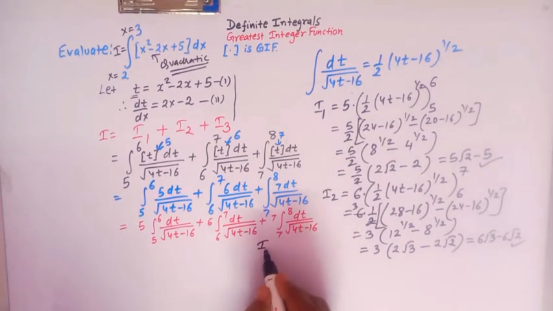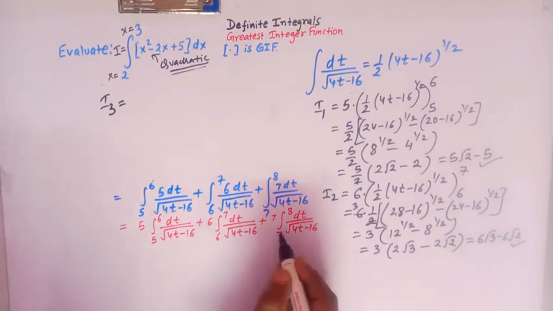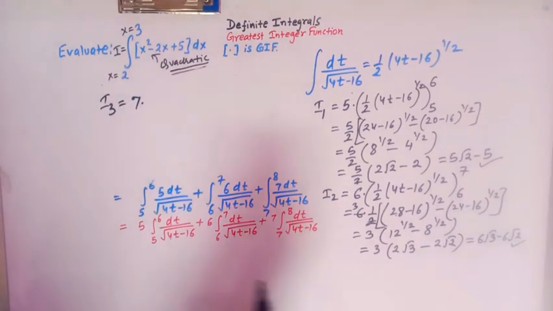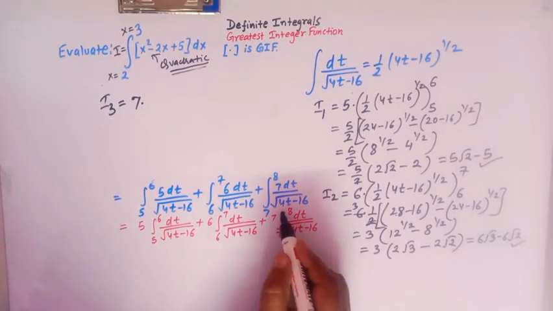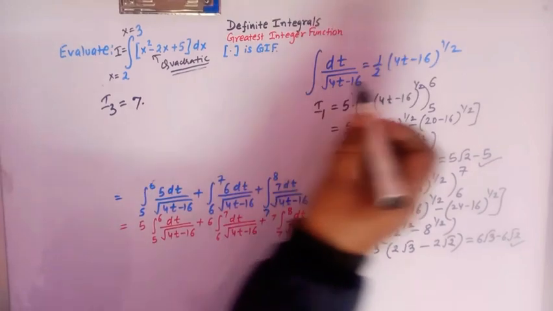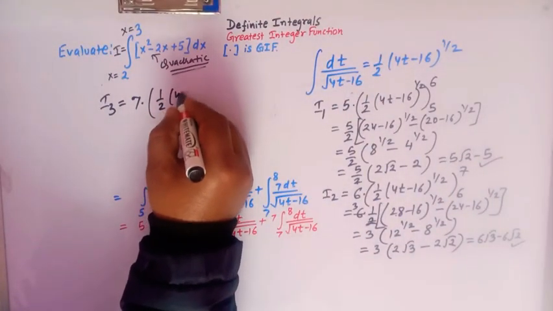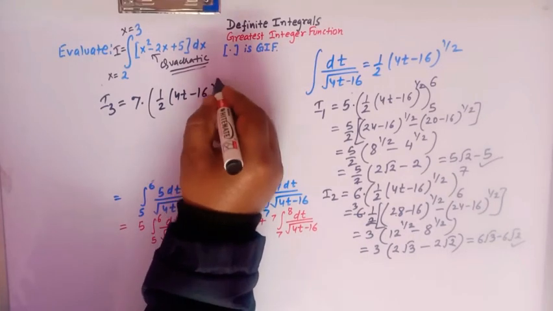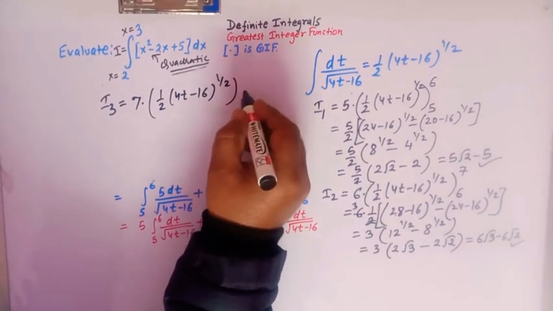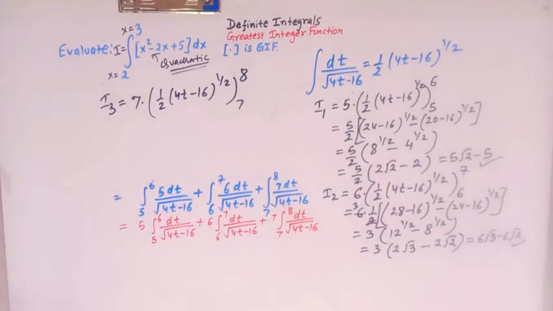Now I3 is 7 times the definite integral from 7 to 8 of dt over square root of 4t minus 16. So we have half of (4t minus 16) raised to half, and the limits are from 7 to 8, right?